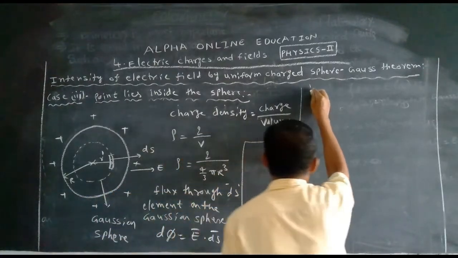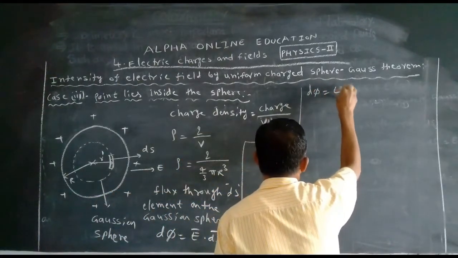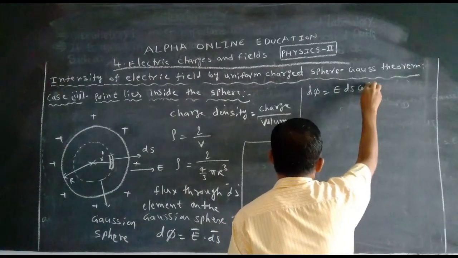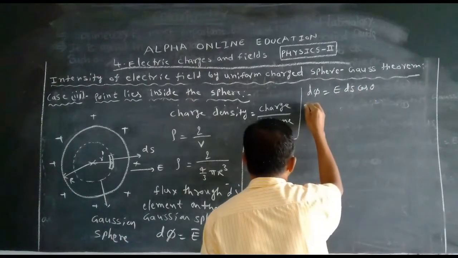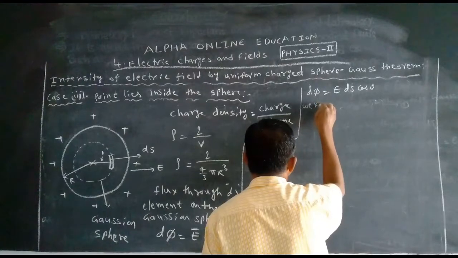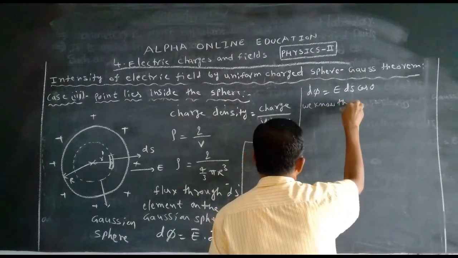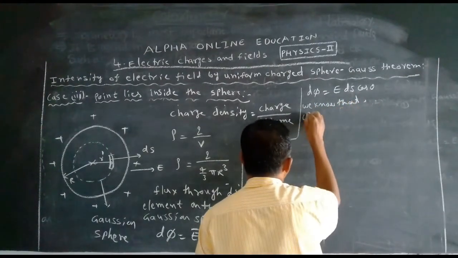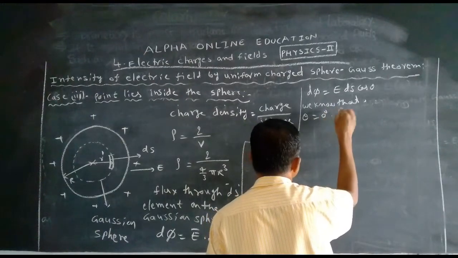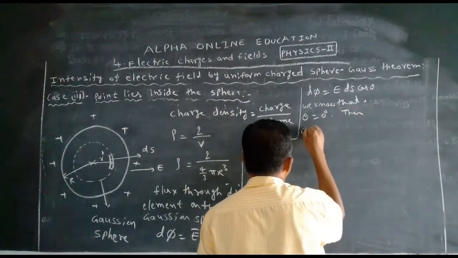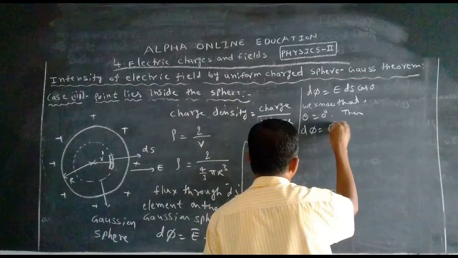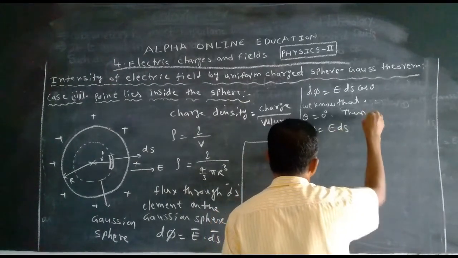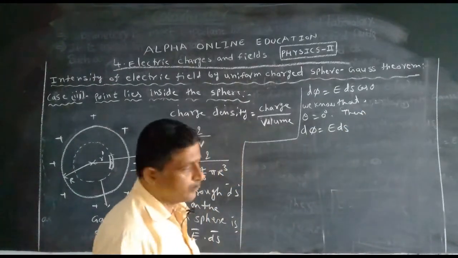Then d phi is equal to E ds cos theta. We know that theta is how much? 0 degrees. Then d phi is equal to E ds. Okay, this we have already proved.